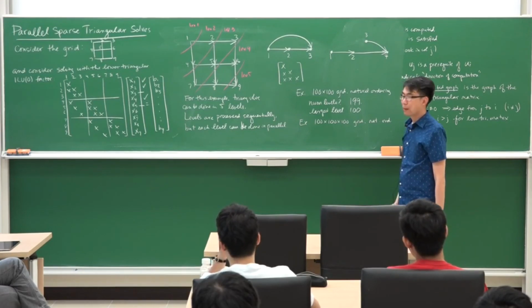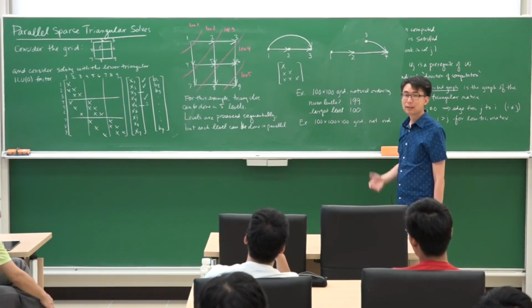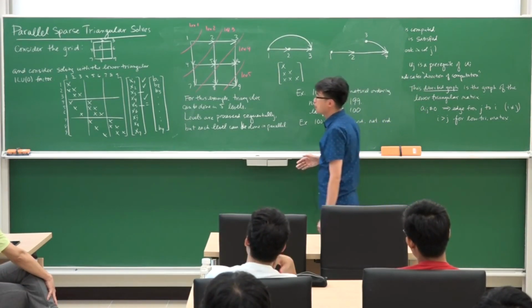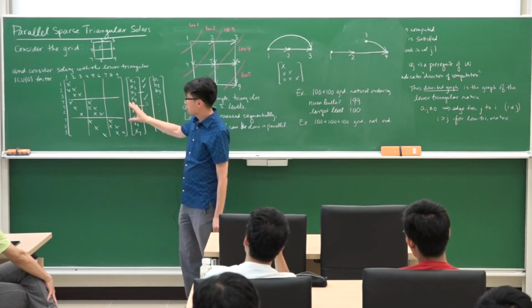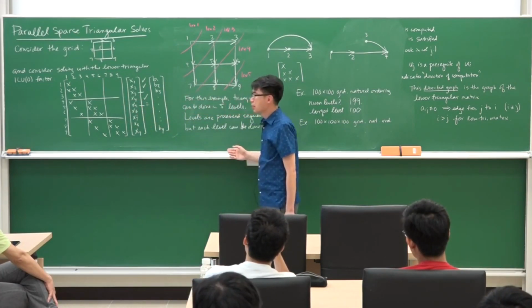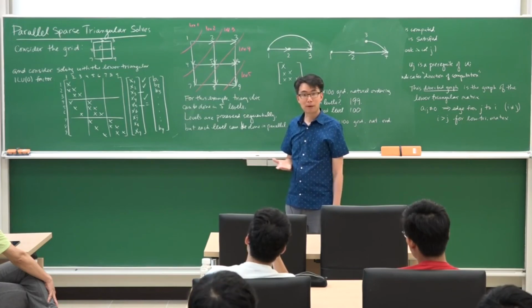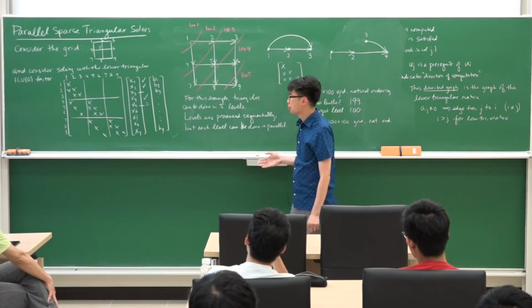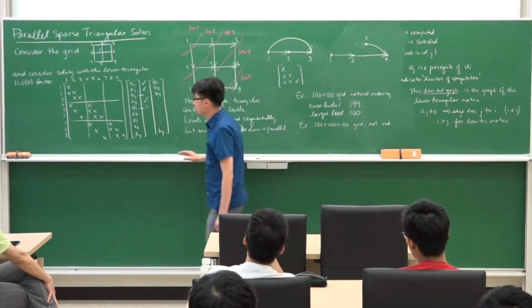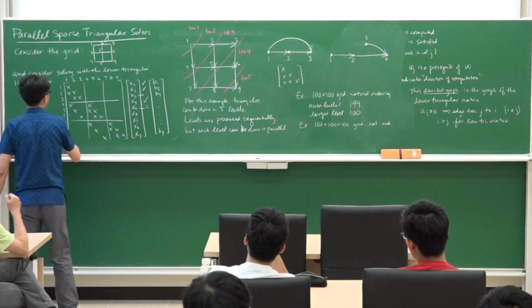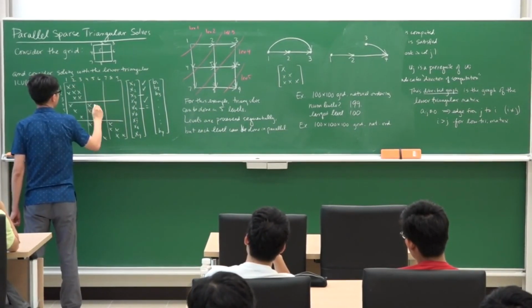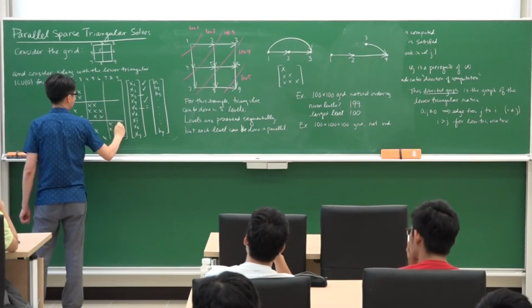And how about for parallelizing the incomplete factorization? So this is parallelizing the solves with the triangular factors. We can use the same idea to parallelize the incomplete factorizations. So let me take this matrix, and I'm going to put in the rest of the matrix.